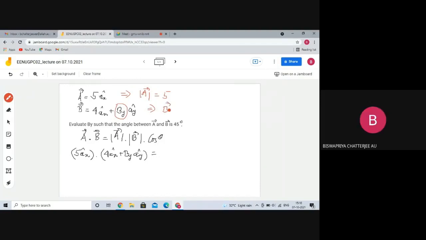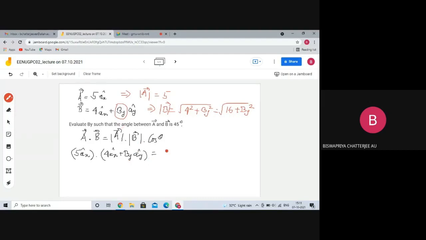No. How do you say root over 17? It is root over 16 plus by square, root over 4 square plus by square. It's not 17. So the magnitude of B is root under 16 plus by square. So let me write it down.